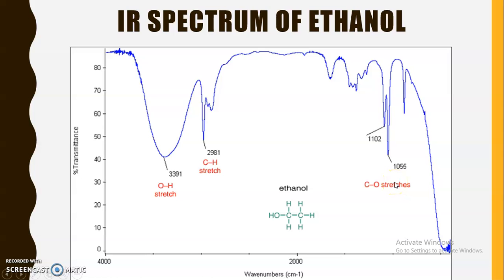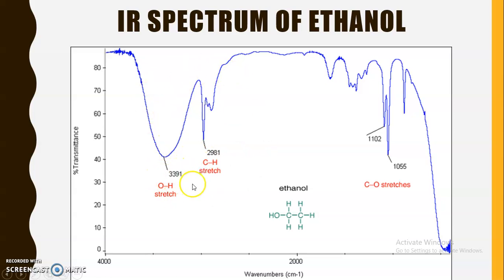Typically, this IR spectrum is divided into two regions. One is the group frequency region, which ranges from 2.5 micrometer to 8 micrometer, and expressed in wave numbers, from 4000 to approximately 1300. This region is known as the group frequency region.